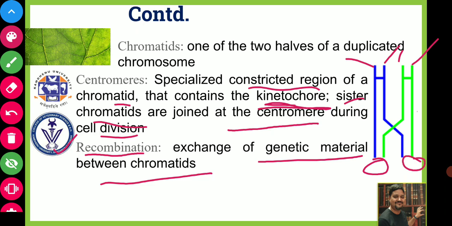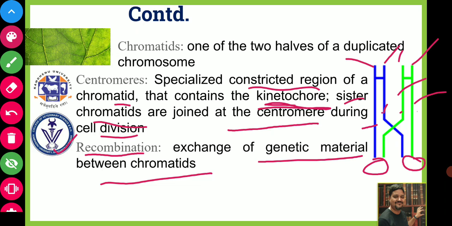In this case, you can see that these two purple chromatids, these two blue chromatids, are sister chromatids. Again, these two green chromatids are sister chromatids. But if we consider a green and a blue chromatid, they are non-sister chromatids.